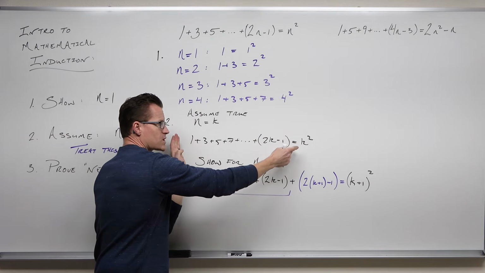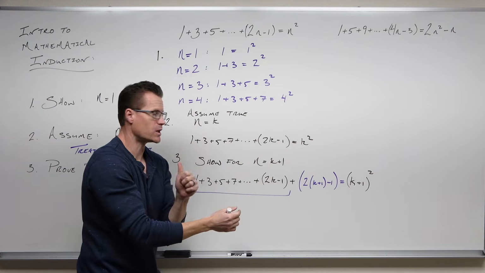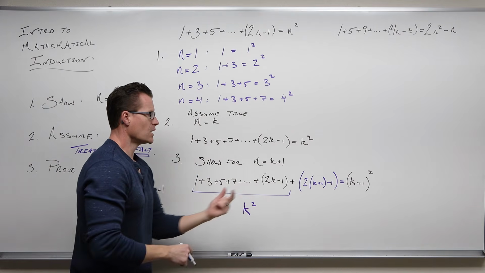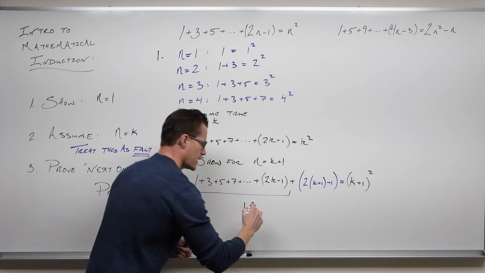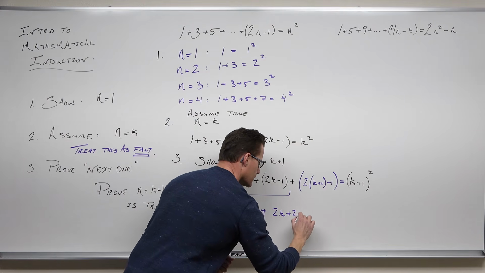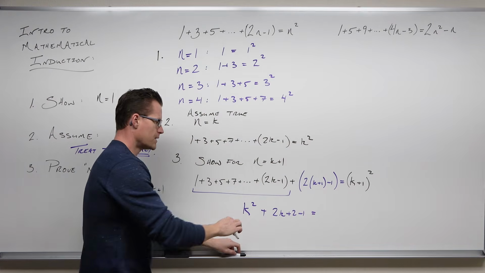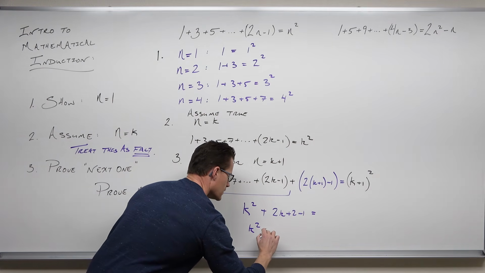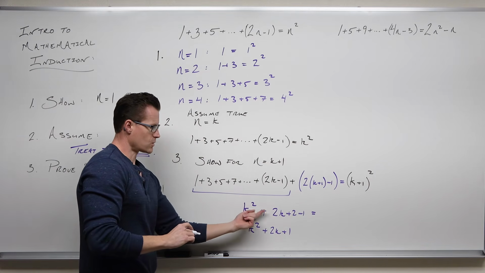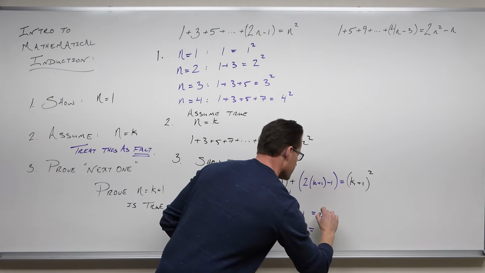So why wouldn't it be appropriate to say, if this part is this part, and we know that this is true, because we assumed it, then this is k squared. Well, we have one additional term. Okay, let's maybe distribute that: 2k plus 2 minus 1. This is k squared plus 2k plus 1. And so is that.